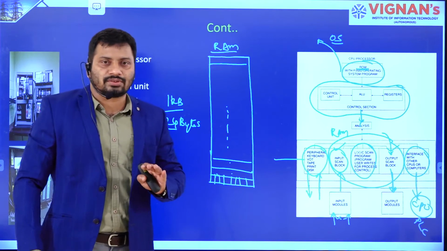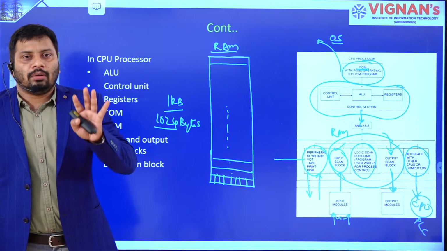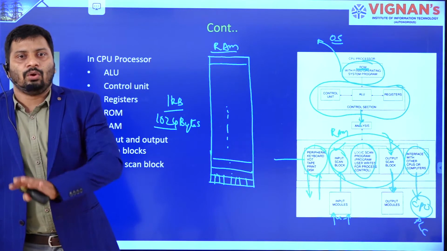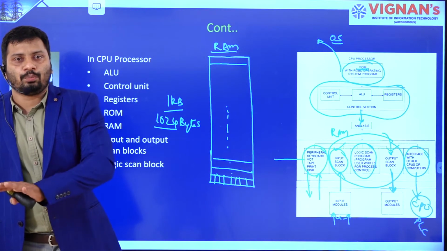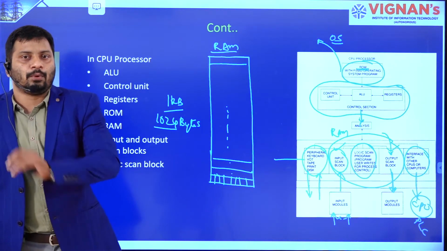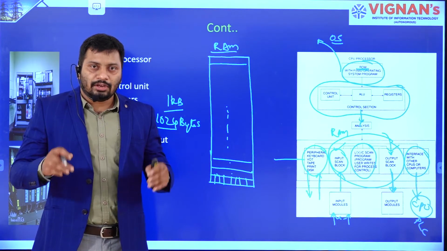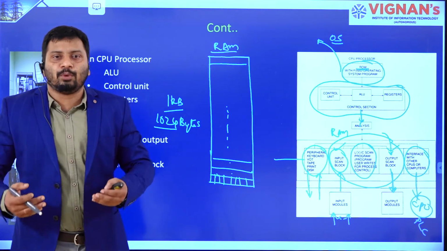I previously also stressed that input, output, and user logic, the input data, output data, and user program, are all binary data only. Input data is binary data received from the input devices.